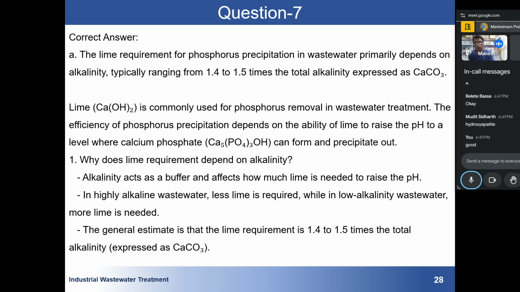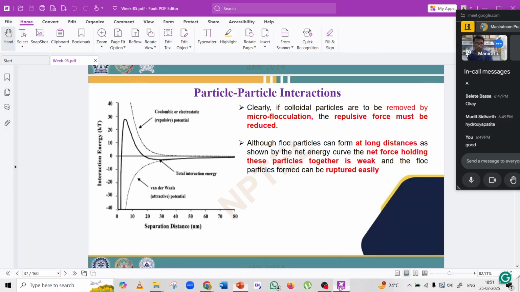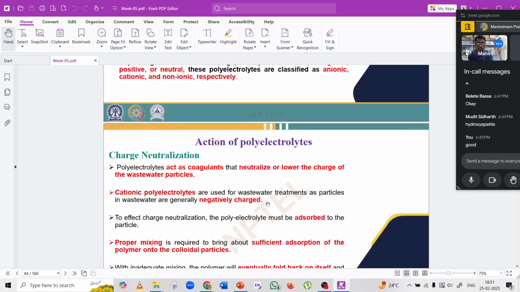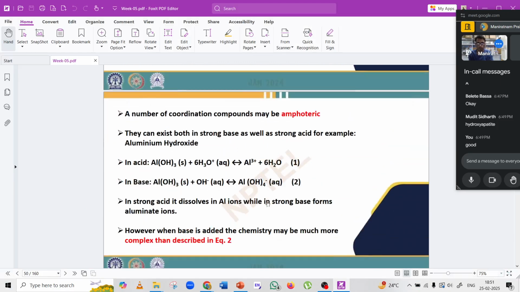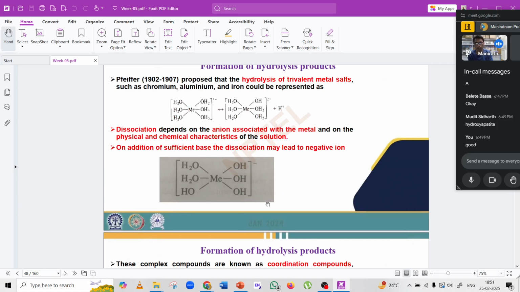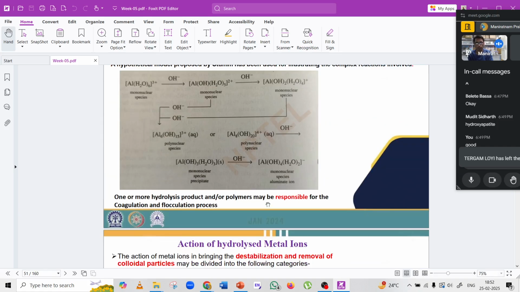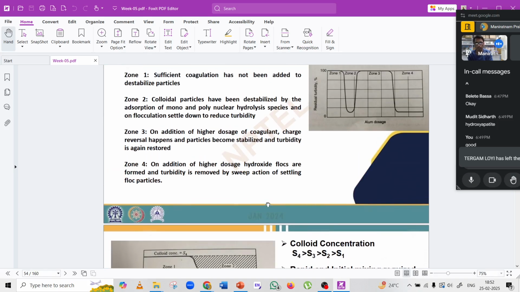I will go to the lecture notes where this has been explained. Here they are talking about the use of aluminium, how alum forms.